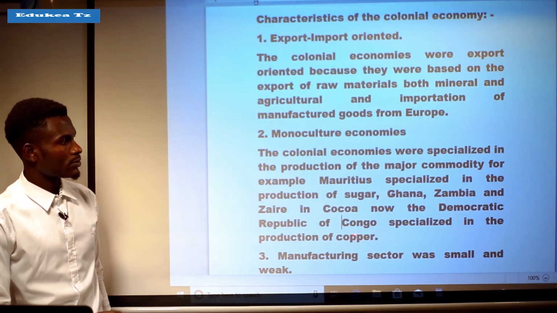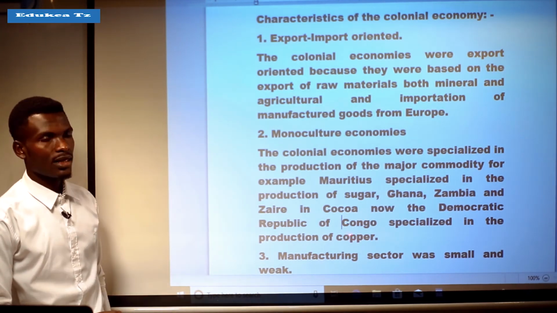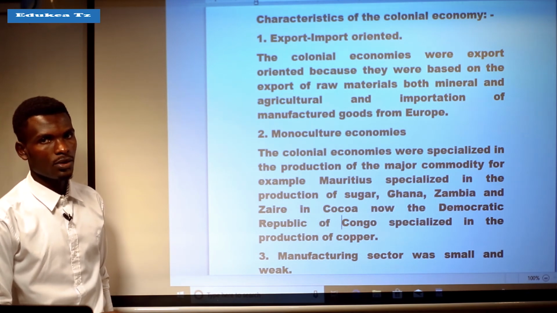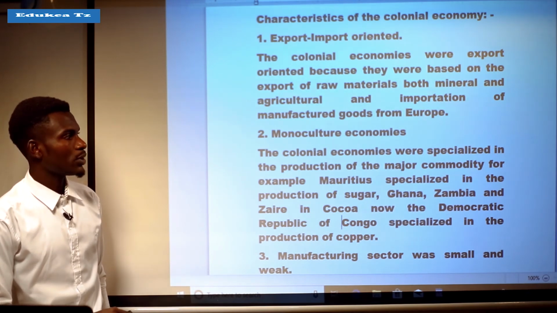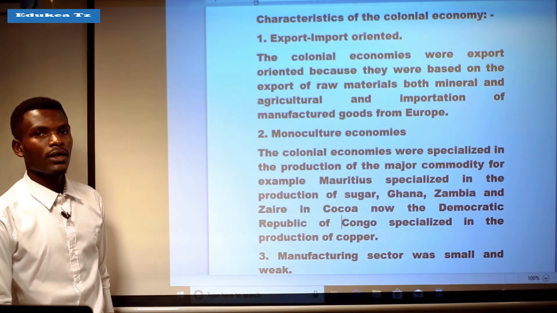That was the so-called monoculture economies. It means every colony was specialized in the production of a major commodity.